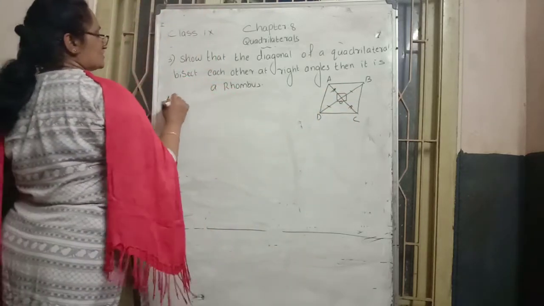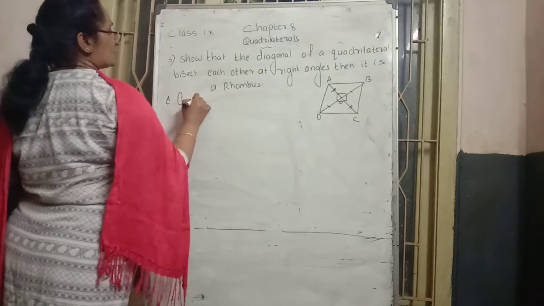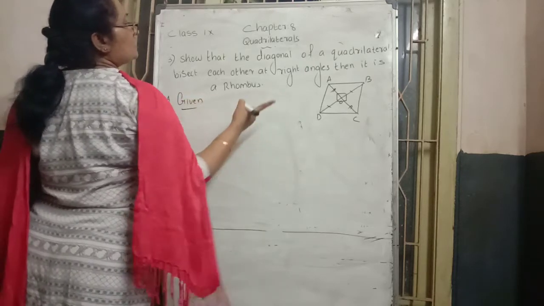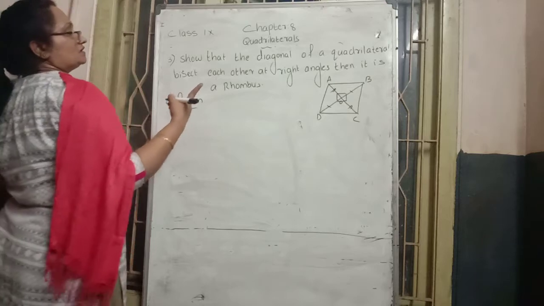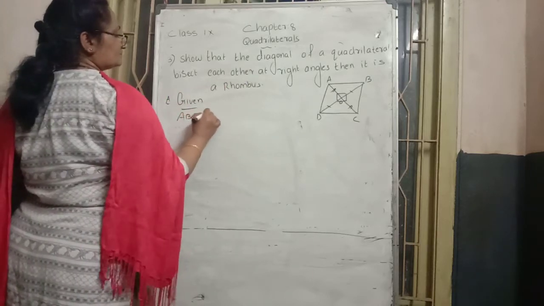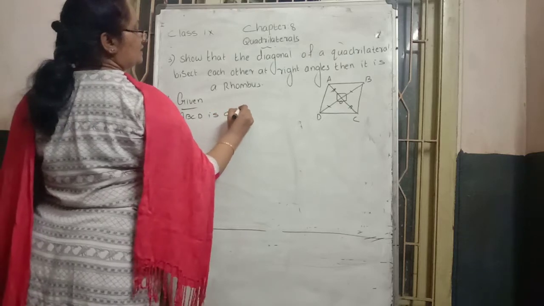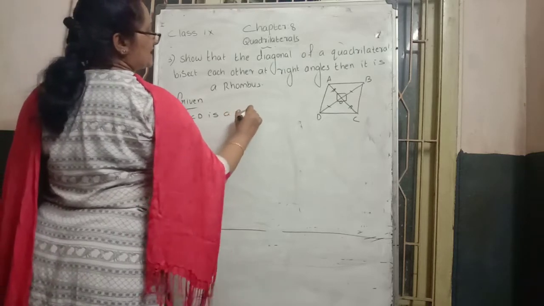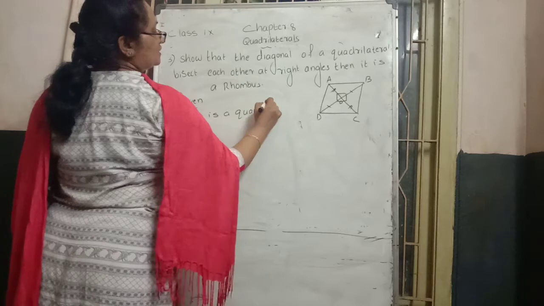Here also, first of all, we write the given information. What is given here? ABCD is a quadrilateral. We don't know if it is a rhombus or not.